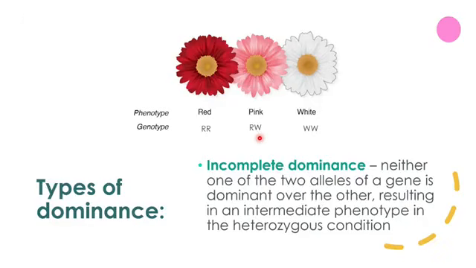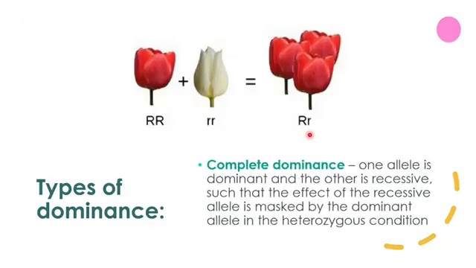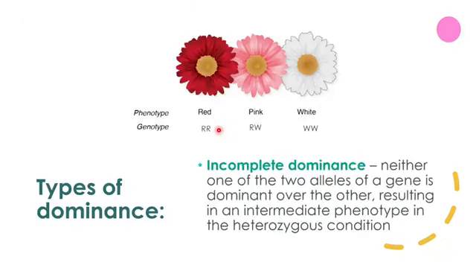What is important for this type of dominance is that when you do the genotype, then we will use only capital letters, where in complete dominance we work with the same letter. The dominant characteristic is a capital letter and the recessive allele is a small letter, where in incomplete dominance you will only use capital letters.